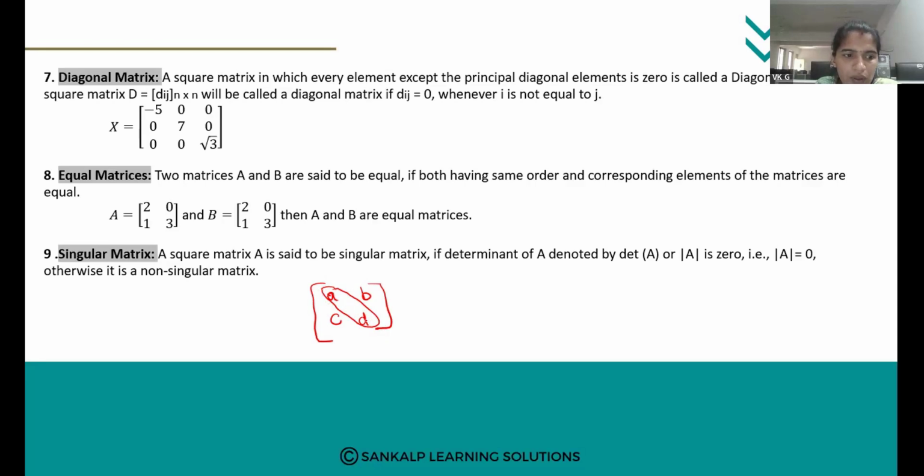Now let me consider diagonal matrix. A diagonal matrix is a square matrix in which non-diagonal entries are zero. See, diagonal entries are the elements from left top to right bottom. I'll consider a square matrix of order 3. 1, 3, -5.